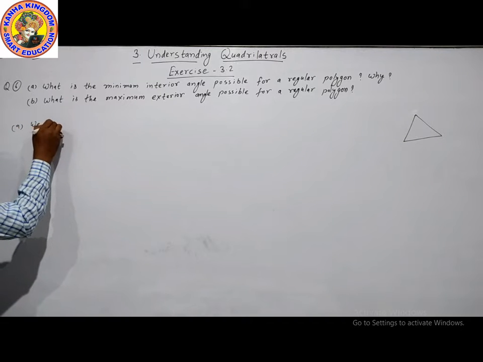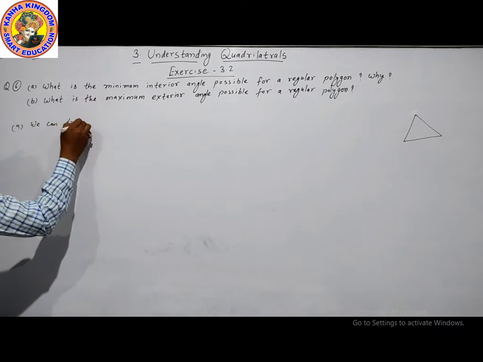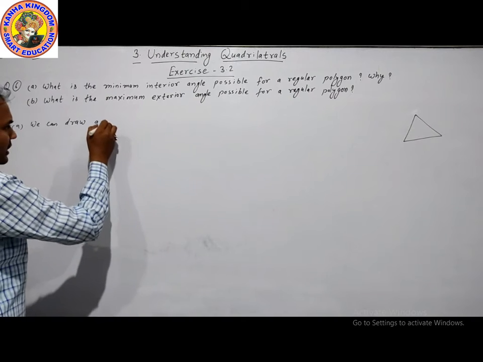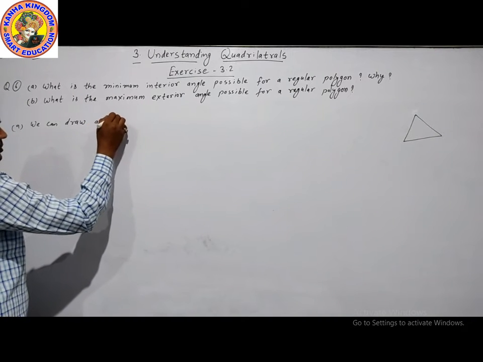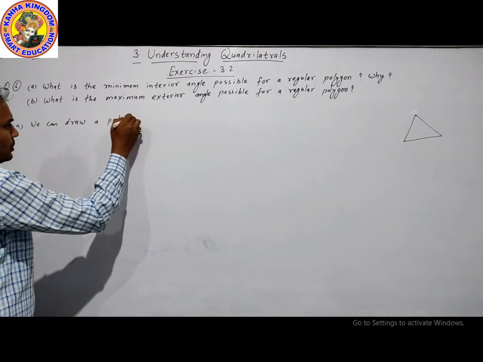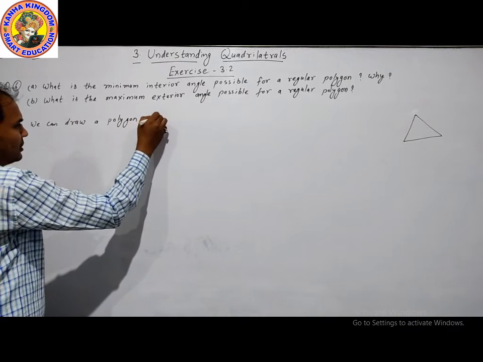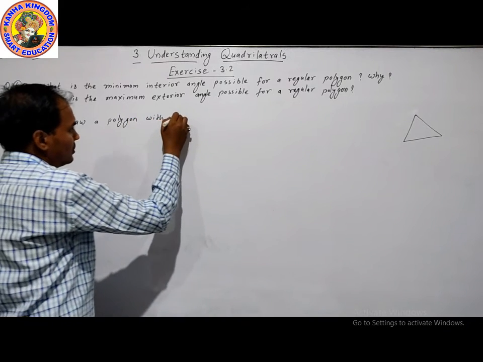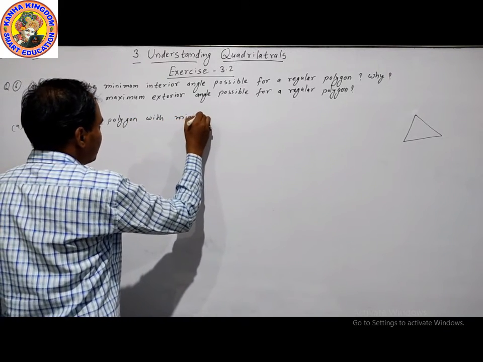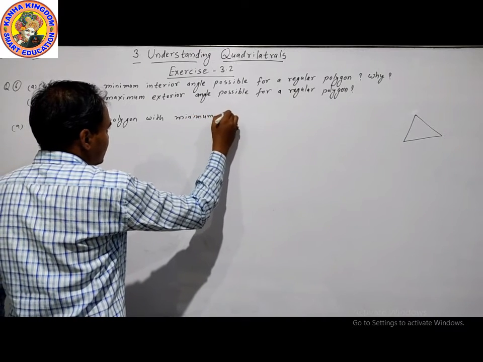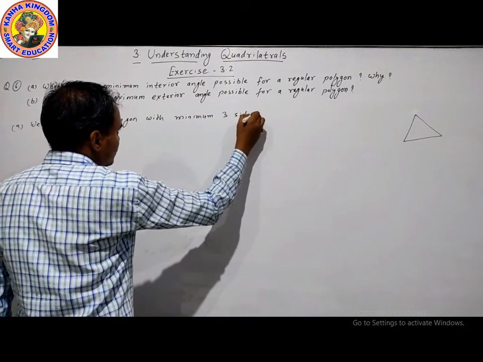We can draw a polygon with minimum 3 sides.